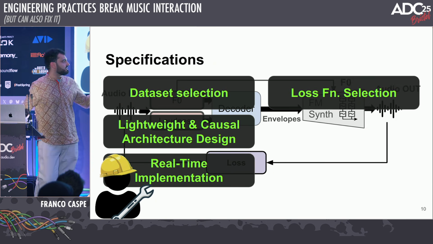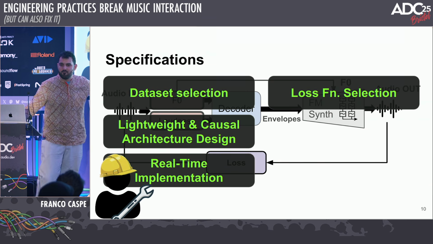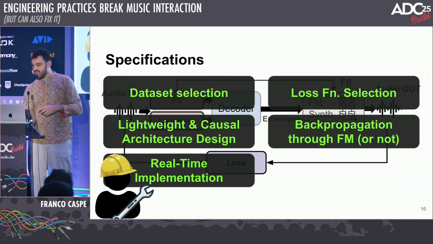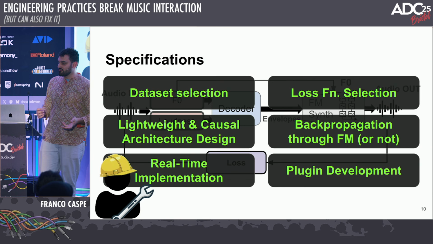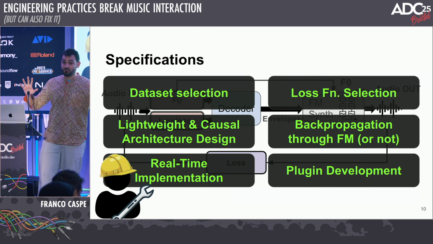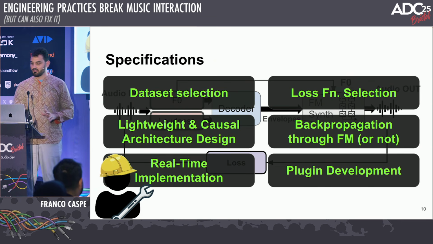You need to select a loss function, maybe on the audio side, or on the parameter side. You need to decide whether you're going to backpropagate through FM or not. And then at some point you need to develop a plugin, right? And 2 years of my PhD were spent trying to solve these kinds of problems.